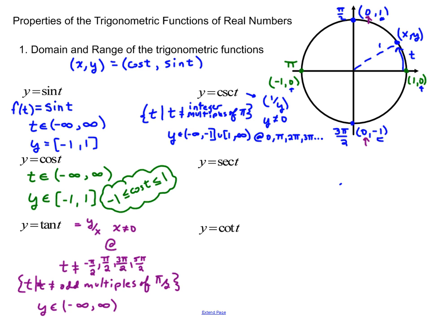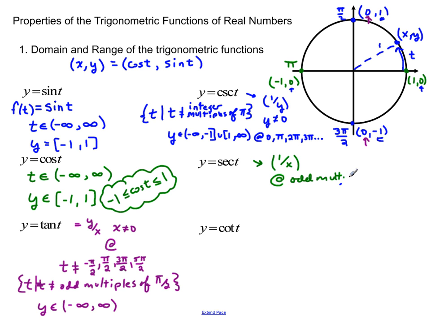Secant turns out is very, very close in definition to the tangent. Why? Because, well, if you think about tangent, it's something over x. This is 1 over x. Right? So we would be looking to eliminate values where x is equal to 0, and that occurs at any odd multiples of pi over 2 as well.